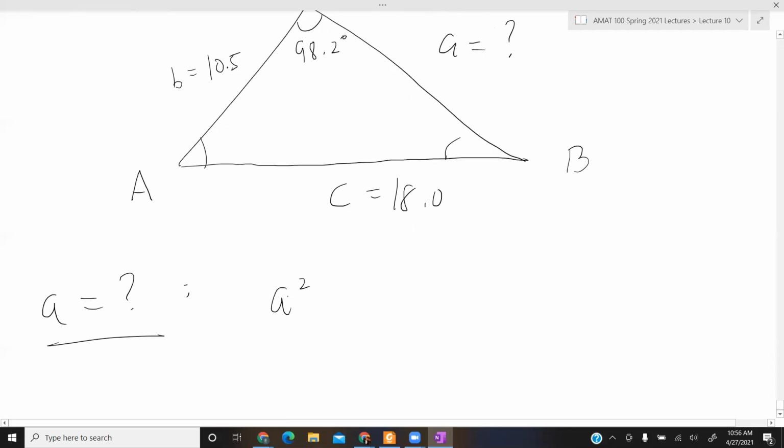That's the one where you have A squared on the left-hand side and the other terms on the other side, the other lengths of the sides. So if A is on this side, that means B has to be on the right side, squared, and C squared has to be on the other side. And then if B and C are on the right side, that means their product is also on here, so 2 times BC cosine A. So we can plug some numbers in now.